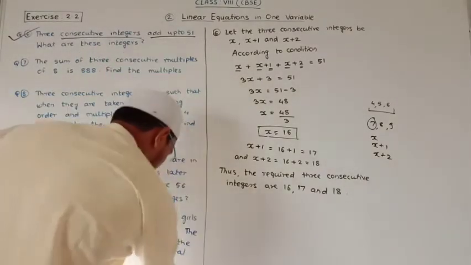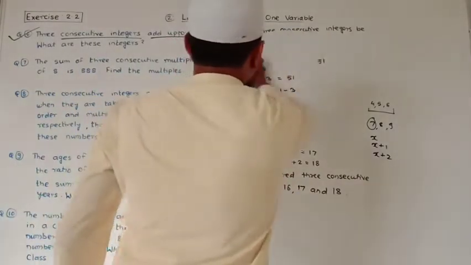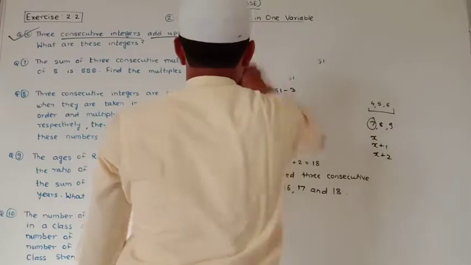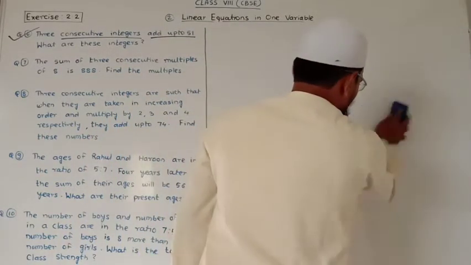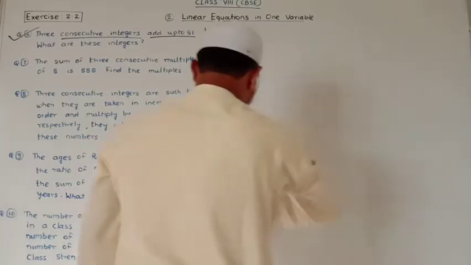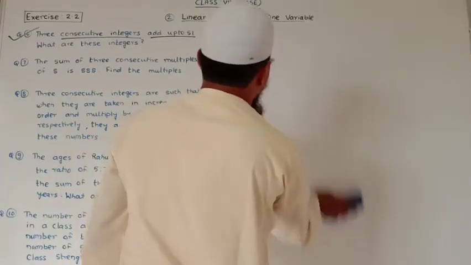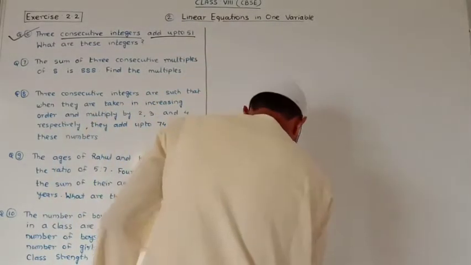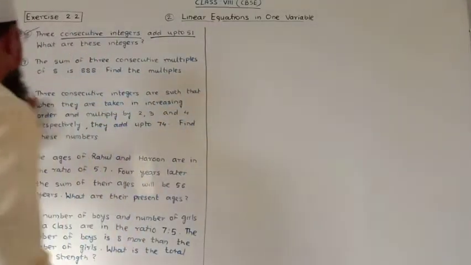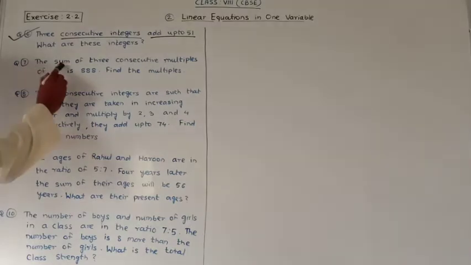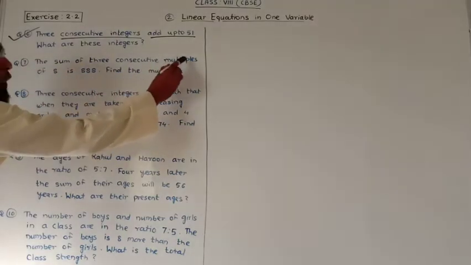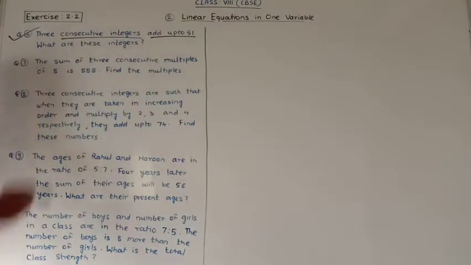Now we are starting question number 7. So first of all, what is question number 7? We read it. The sum of 3 consecutive multiples of 8.